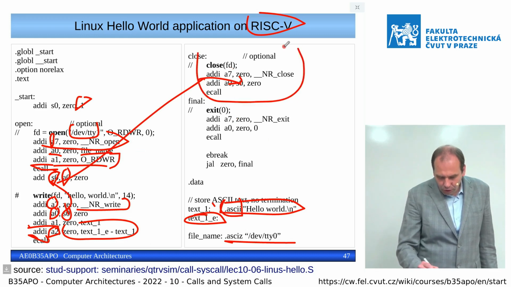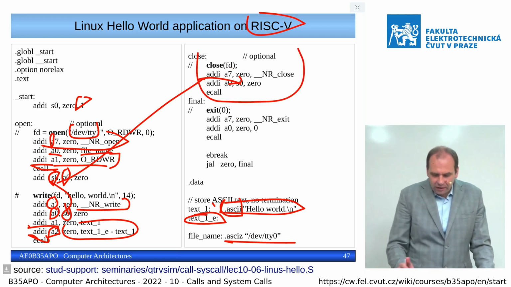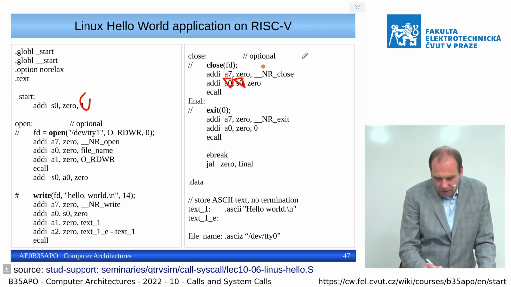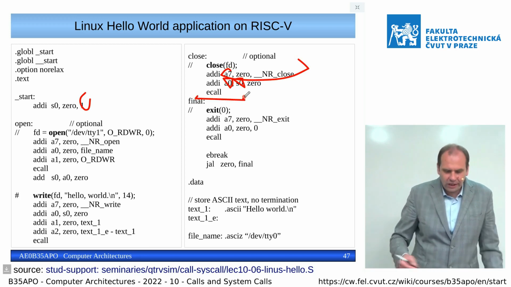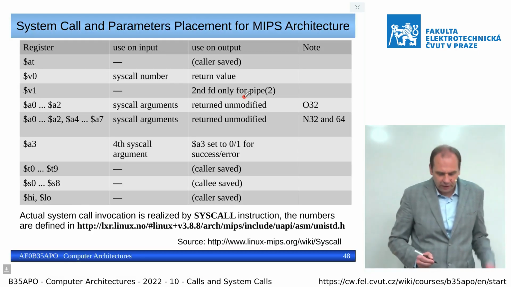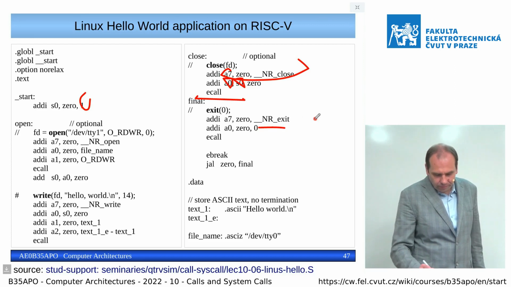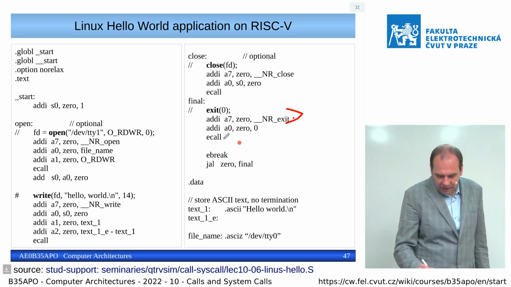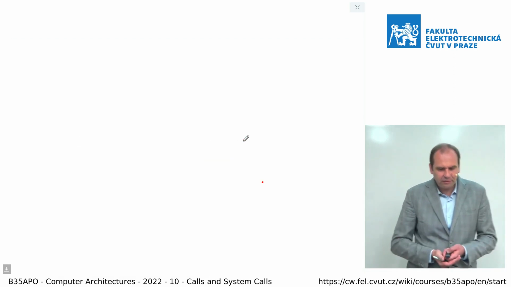If we want to close the terminal, then we again take the value of S0, which is the one from open, to the A0, and A7 set for the close, do ecall, and we have closed the file, and so on. Exit of the program, we select that it should exit with 0, that system call is exit, ebreak, and we are done.